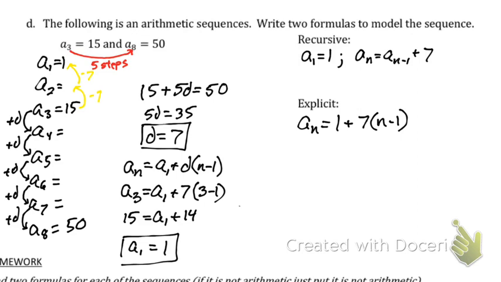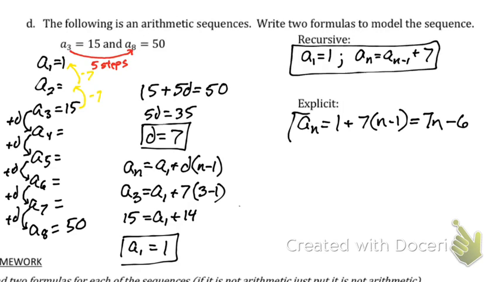Maybe I'll put an equal sign on this one, which is going to be the same thing as 7n. Well, 7 times negative 1 is negative 7, plus 1 is minus 6. Here is my recursive. Here is my explicit. And that covers arithmetic sequences.